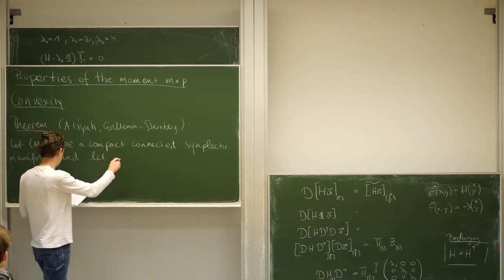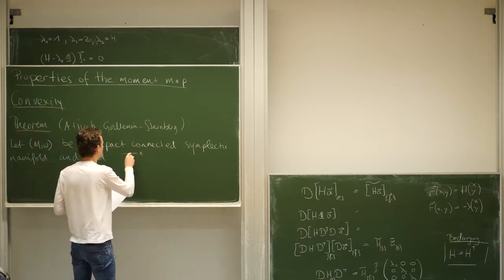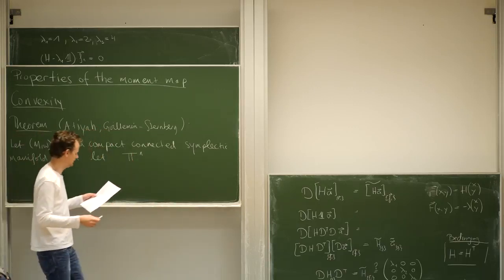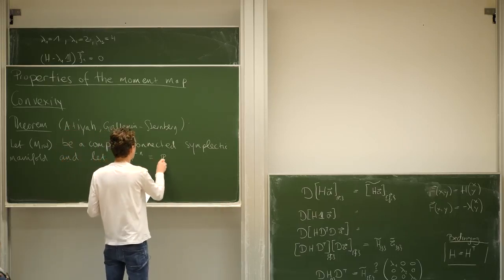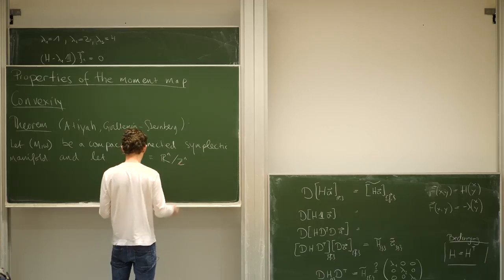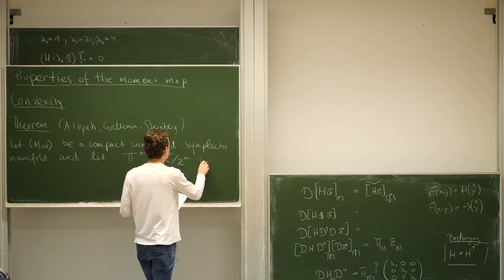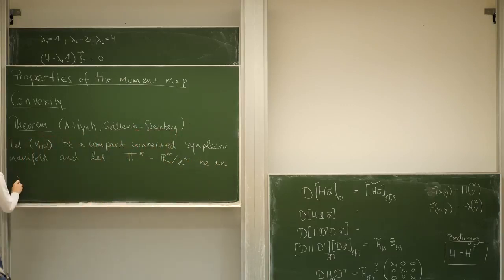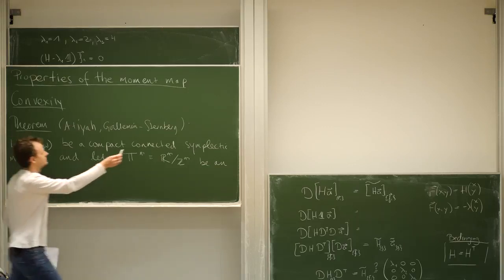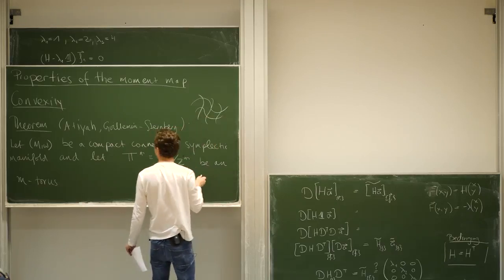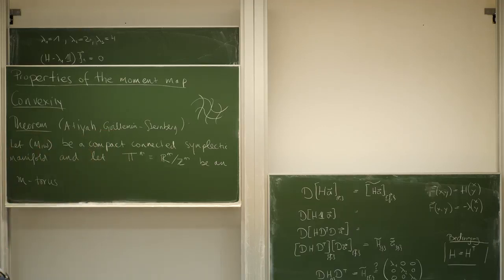And suppose we have a group acting on this manifold via symplectomorphisms. So our group is going to be the m-fold torus. We have our manifold, which is some curvy surface maybe. And we have a group acting on this manifold, pushing all the points around, acting by symplectomorphisms.